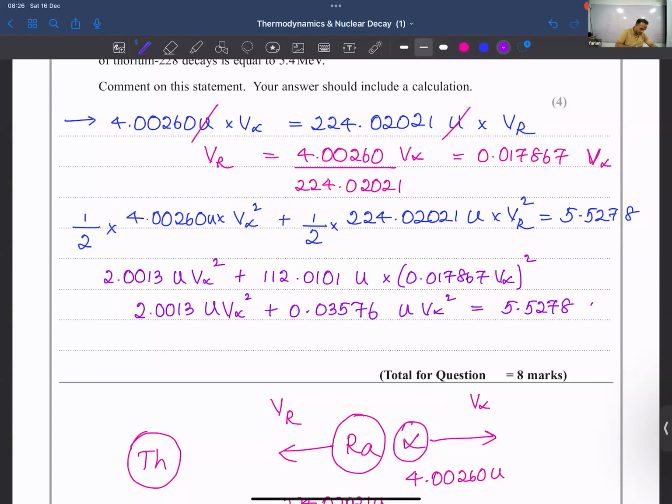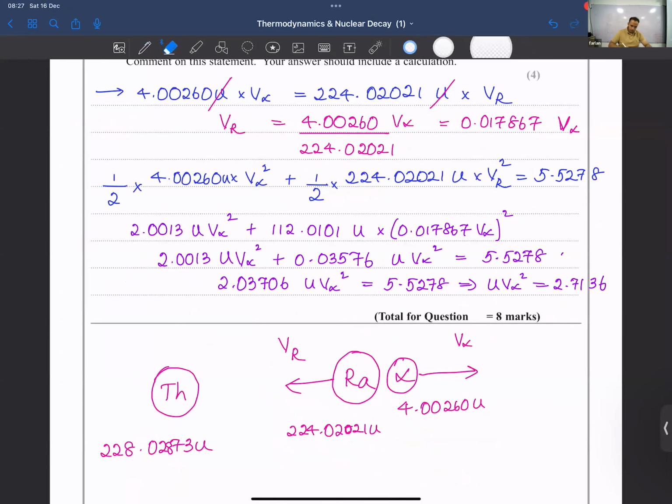From here, if you get the UV alpha square, that gives you 5.5278 divided by 2.03706, which is 2.7136. These are U into V alpha square I'm giving. So what is the kinetic energy of the alpha particle?